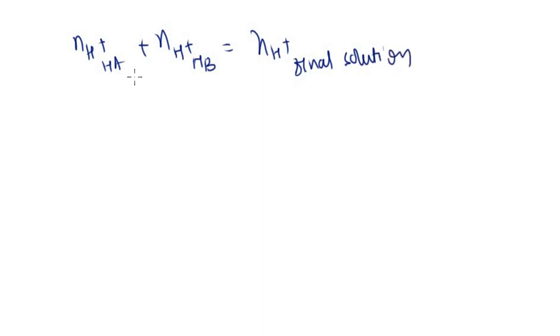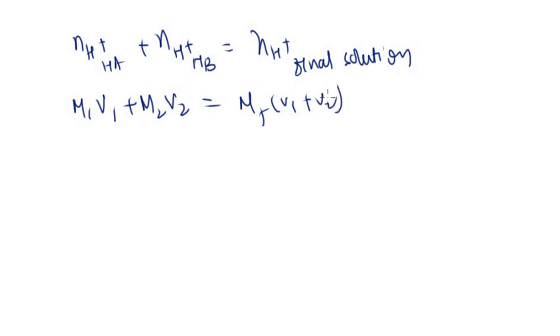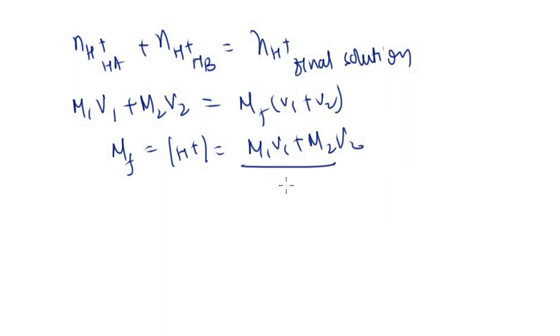So what is the moles of H plus? Molarity multiplied by volume, M1 V1 plus M2 V2, that is equal to M final times V1 plus V2, right? So concentration of H plus final turns out to be M1 V1 plus M2 V2 divided by V1 plus V2.